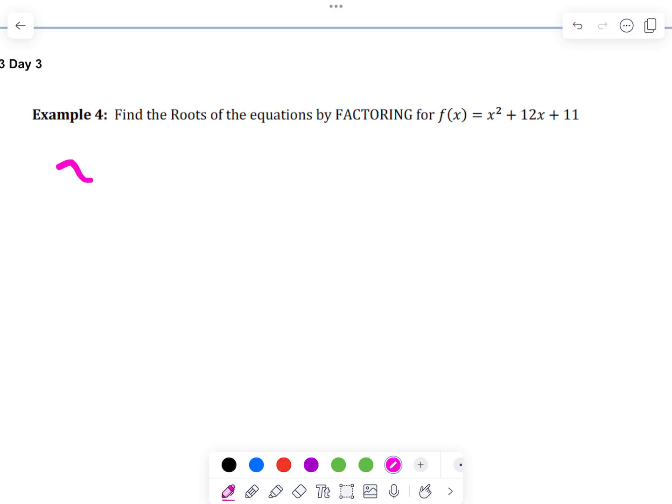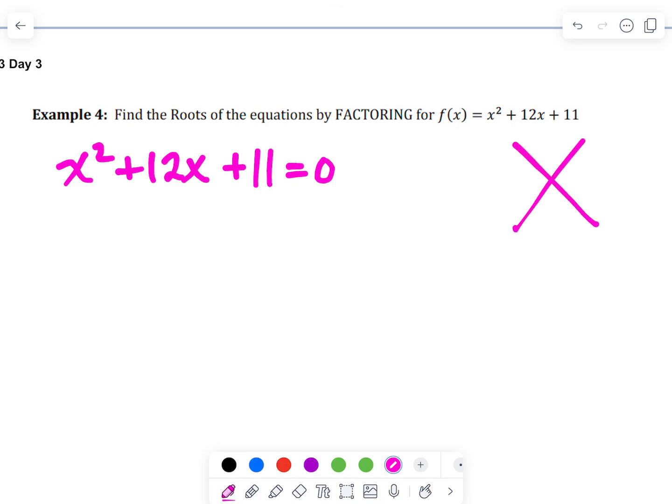Here's another one. We're going to go ahead and set the function equal to 0 and then factor it. We're going to set up our diamond. What are the factors of AC? So that's 11 on the top of the diamond. That adds to B, 12.